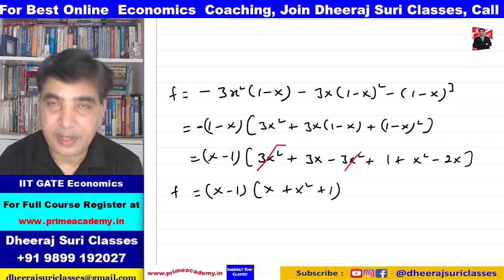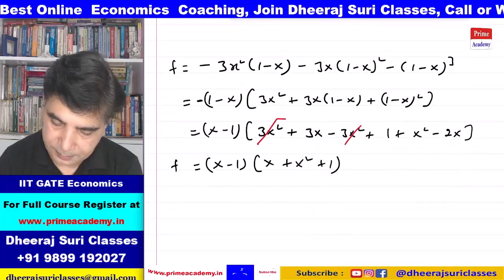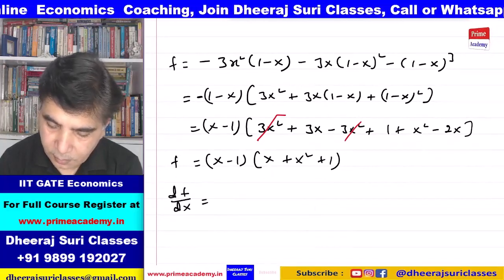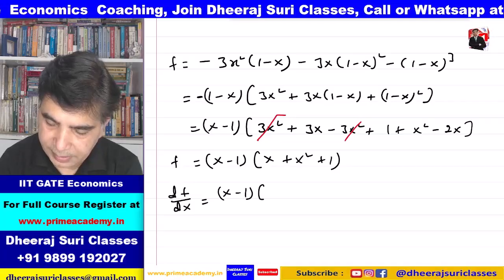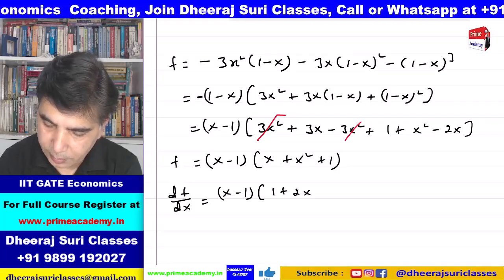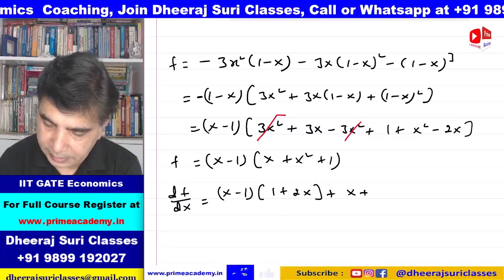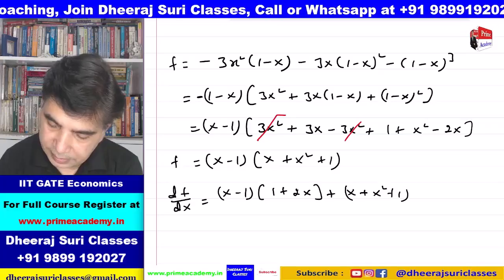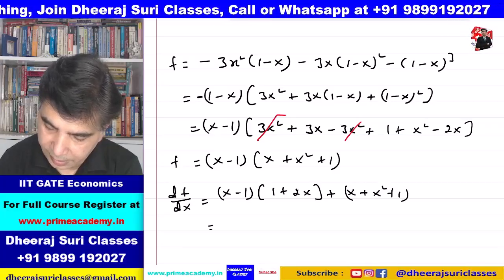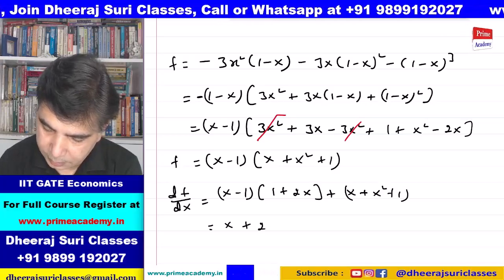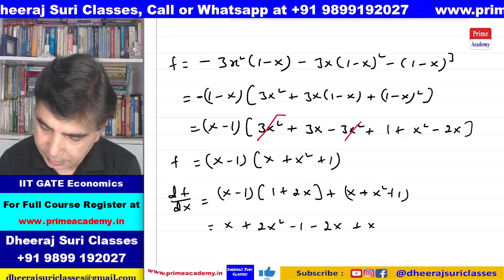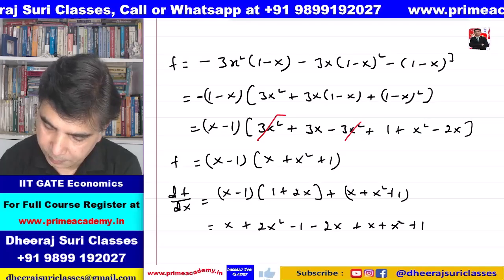Now I have to differentiate this function with respect to x. df by dx: first as it is, derivative of second is 1 plus 2x, plus second as it is, and derivative of first is 1. So we have x plus 2x square minus 1 minus 2x plus x square plus 1.